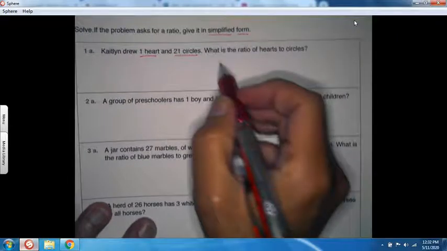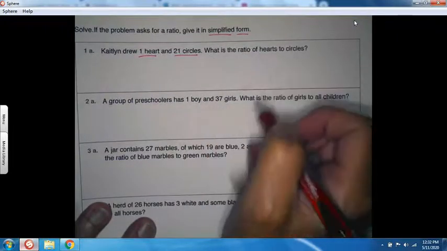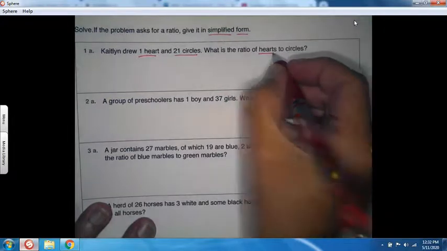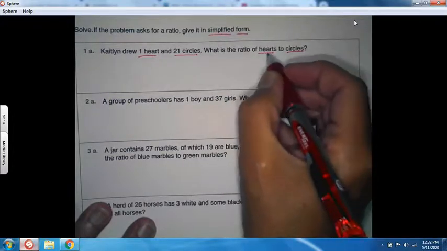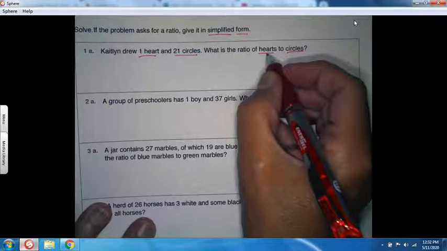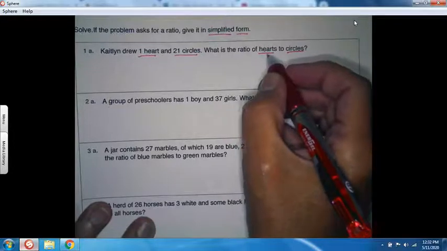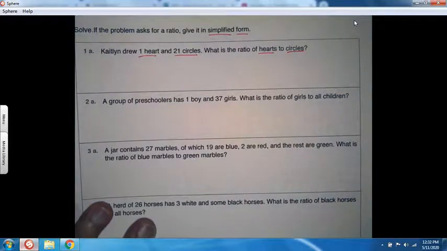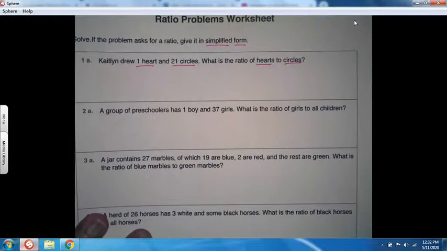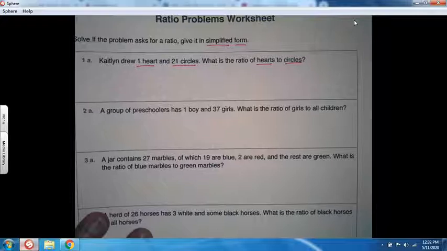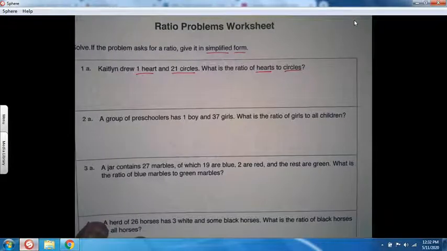So what is the ratio of hearts to circles? So they want hearts to circles. So hearts has to come first, or it has to go on the top, depending on how you write the ratio. Now remember, there's 3 ways to write ratios. And a ratio is, if you can remember from last week, let me just write this up here.